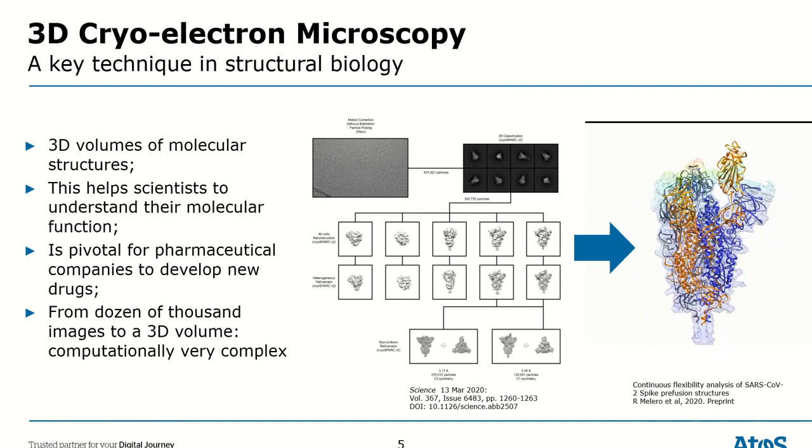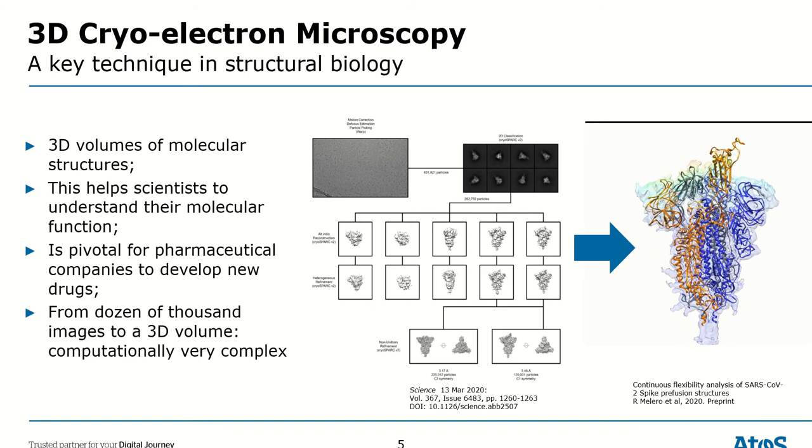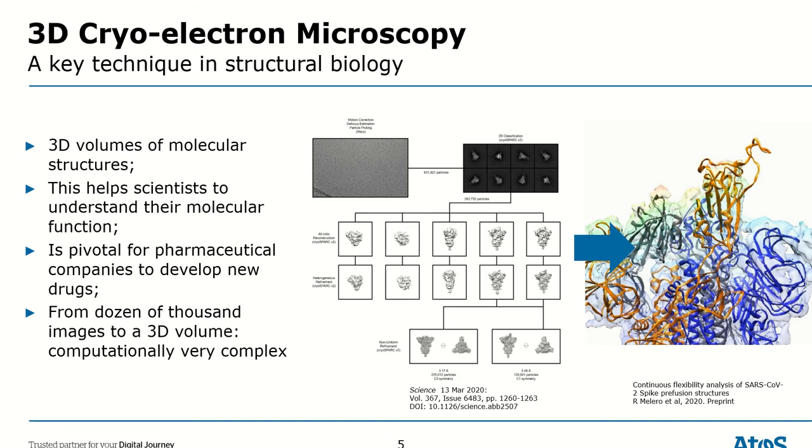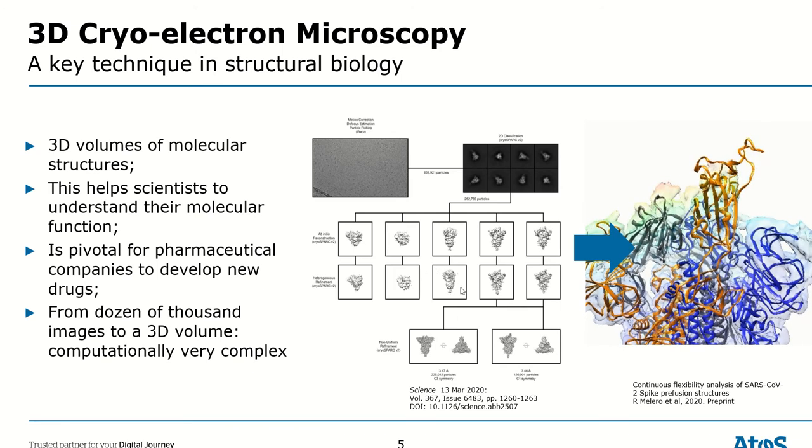In this case, the authors picked more than 630,000 spike proteins, and then they need to do the alignment and all the different steps of the process to finally align and add together the different views of this protein, to combine them to generate a 3D model. That is what you can see here. And this has been published in Science, and this is the work of a laboratory in Texas.